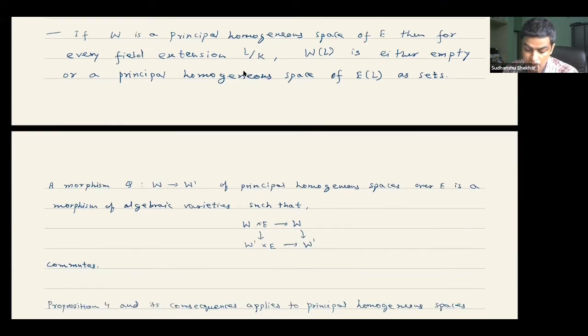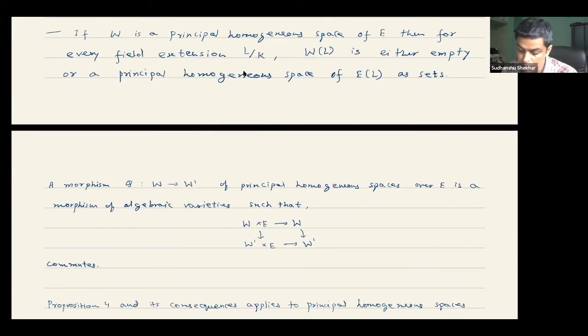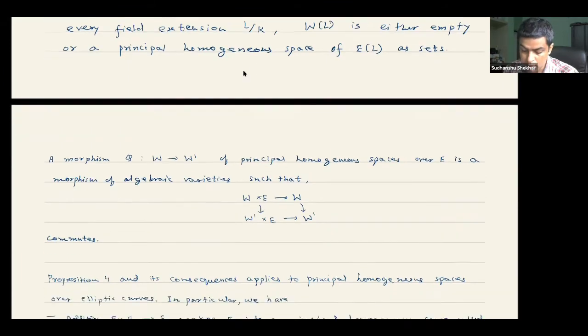A morphism phi from W to W prime of principal homogeneous spaces over E is a morphism of algebraic varieties. Earlier we had morphisms of principal homogeneous spaces of sets, which were just maps of sets preserving the action. Here, for principal homogeneous spaces of elliptic curves, we demand that morphisms should also be morphisms of algebraic varieties.